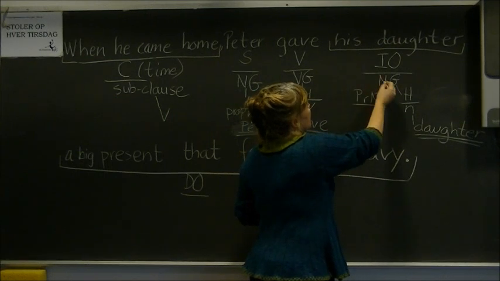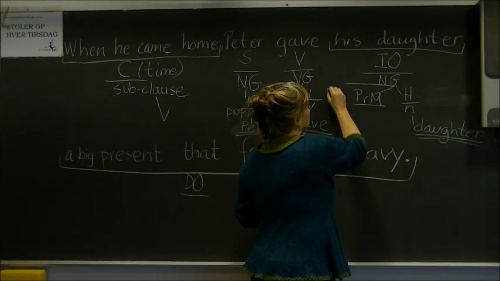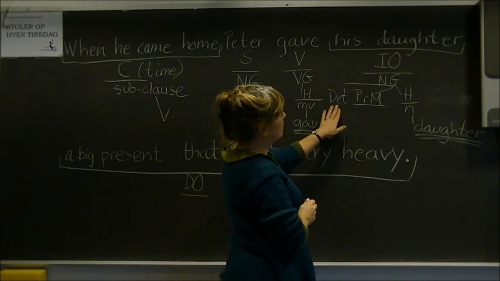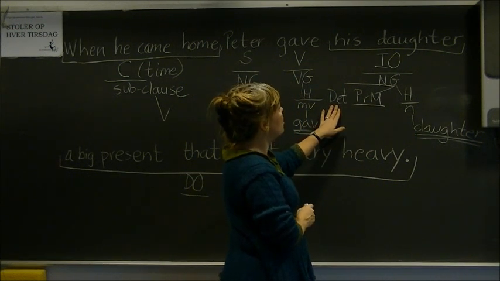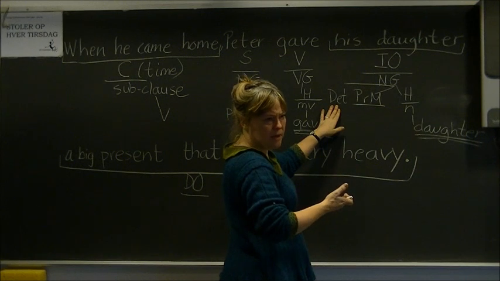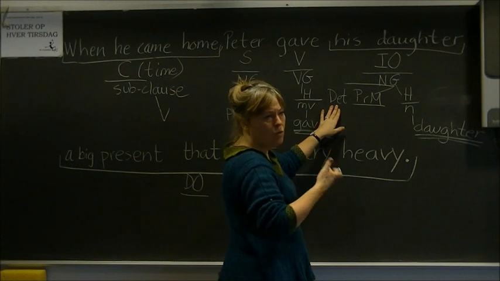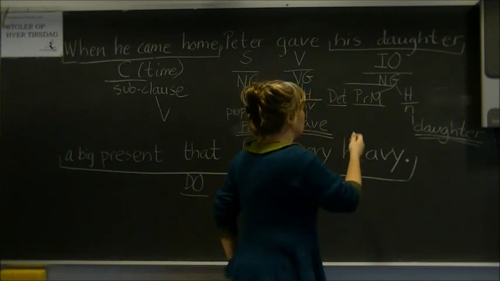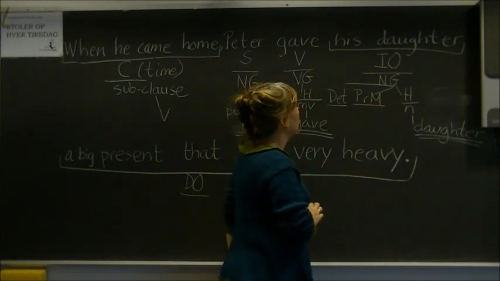In this case, there isn't any pre-modifiers. There is something that can only be found in a noun group, which is a determiner. The determiner tells us about how definite something is, who owns it, etc. So this is a determiner. It determines the reference of the noun, you could say.